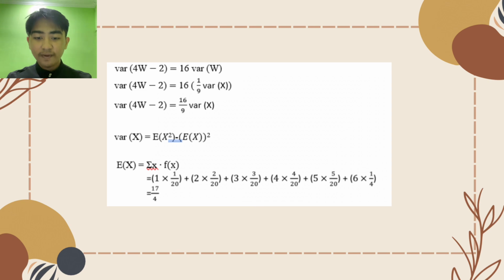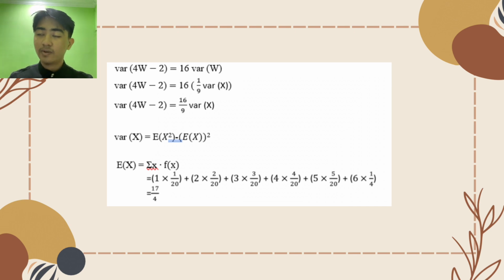And then we need to find the variance of X. The formula for the variance of X is E(X squared) minus the mean squared. So we need to find the mean first.